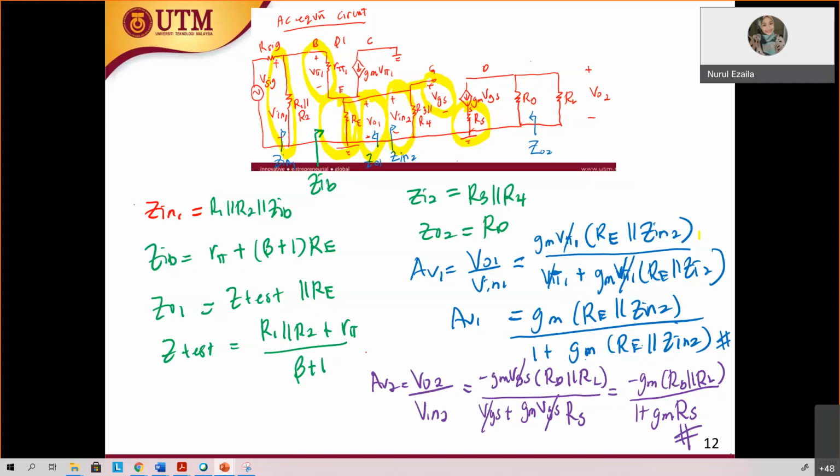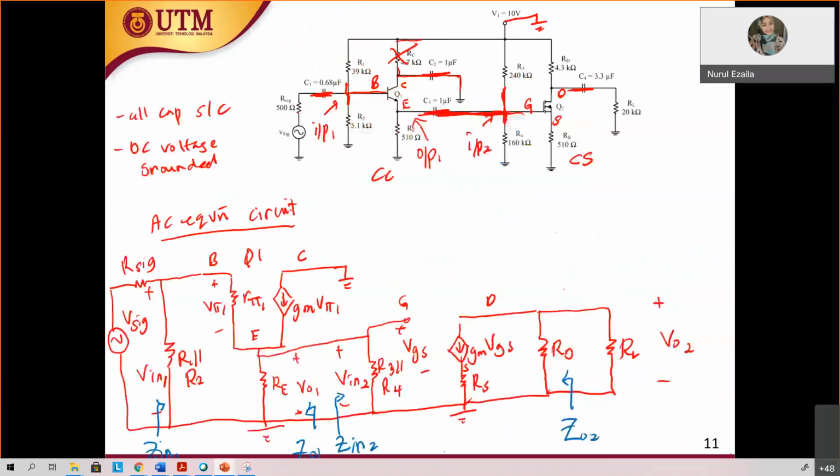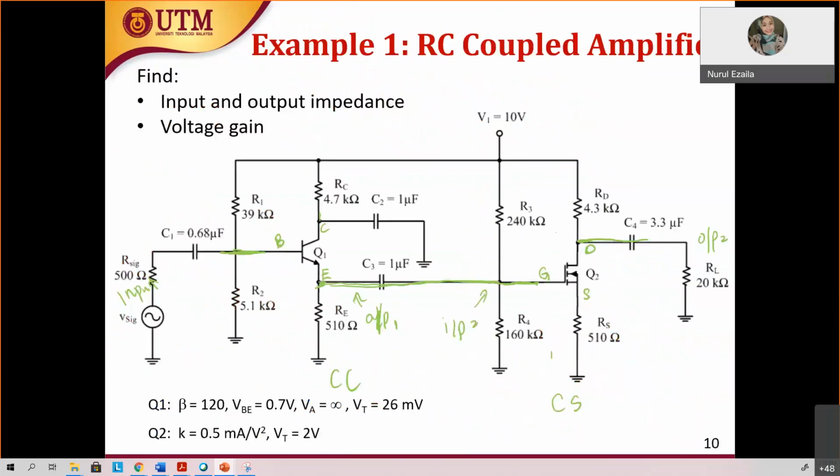When it involves the common collector, this is actually the revision for single stage, and now multi-stage. It's like you do revision now. So that's it for the comparison between common collector and common source.